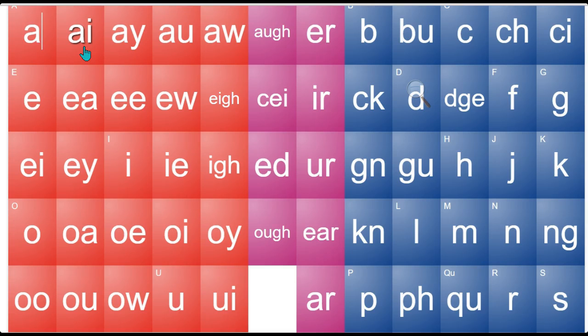And what is that single sound? The single sound is A. It's not I, it's A. That is the symbol, the picture of that combination, the sound that it makes.